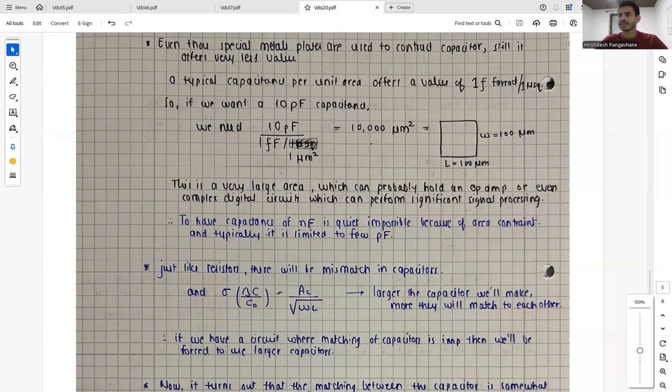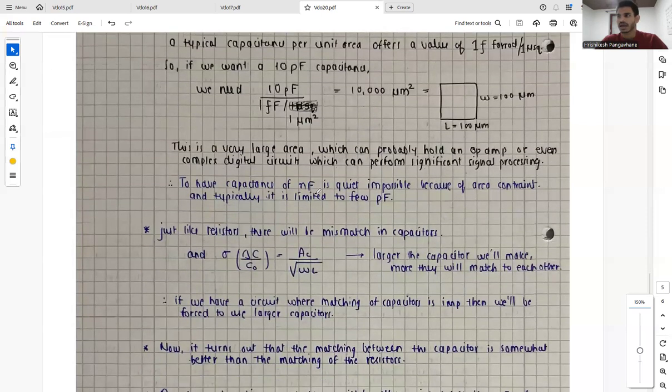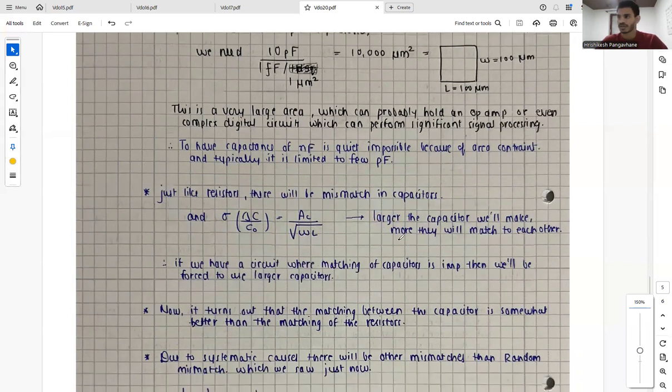And just like resistors, there will be mismatch in capacitors as well, and the mismatch or the deviation is again given by the same formula. The larger the capacitors we make, the better they will match each other. But how large they can be is limited to a few picofarads.